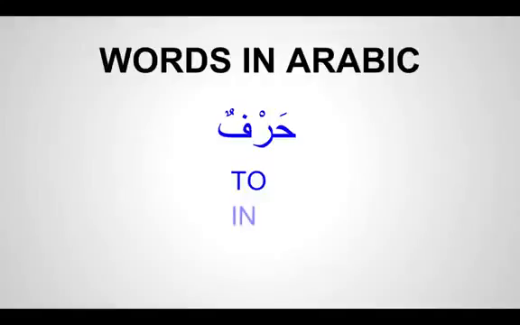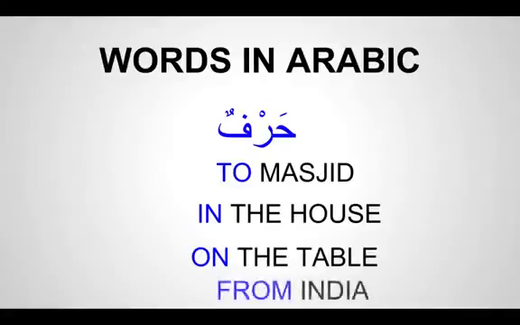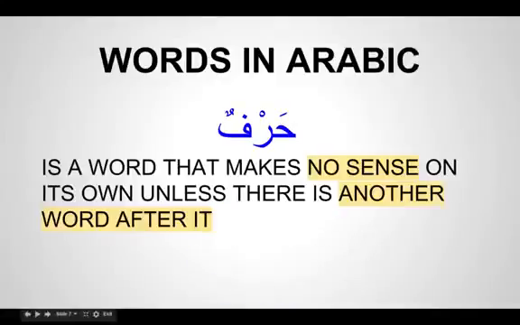If I just say "in," it doesn't make any sense. Same thing with "on," "from." There has to be more information for these words to make some sense. For example, say "to masjid," it makes some sense. Say "in the house," "on the table," "from India." So these words on their own don't have any sense, but there has to be another word to come after them. That is a harf.